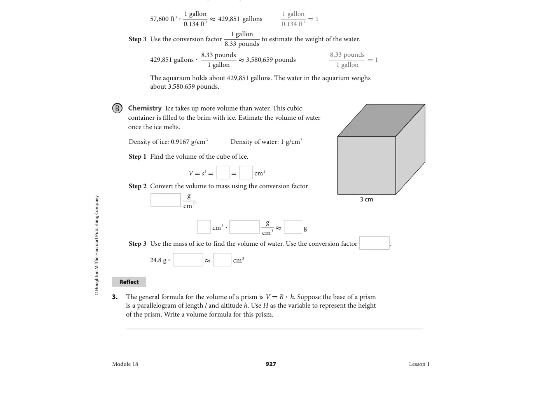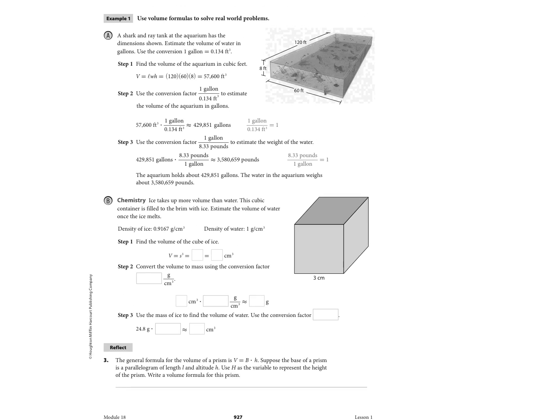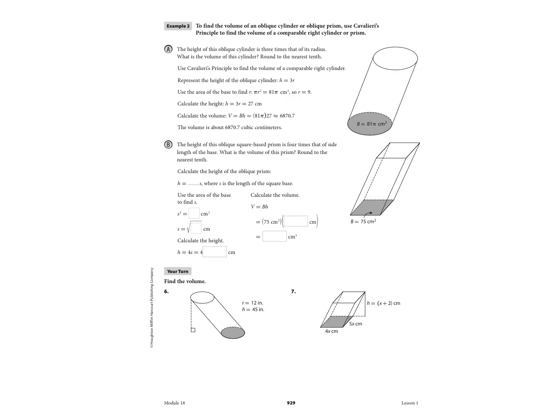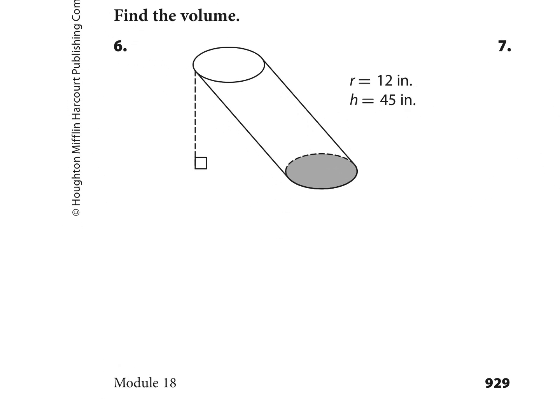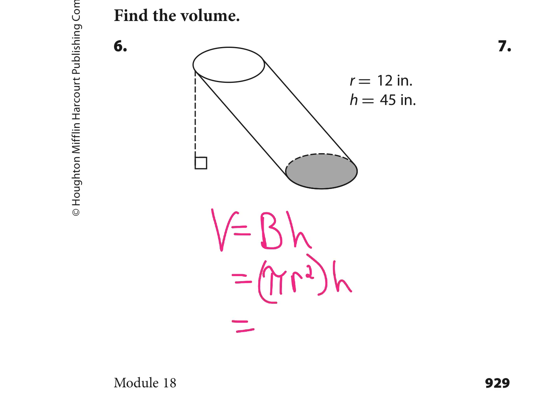Bottom of page 229. So volume equals area of the base times height. This base is a circle, so the area of a circle is pi r squared times height.